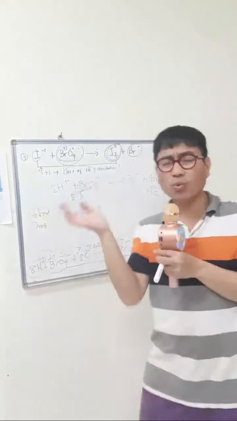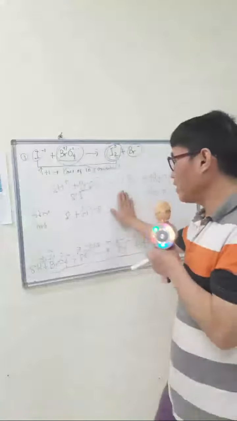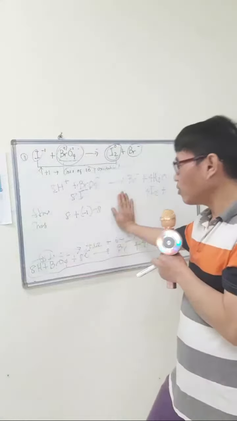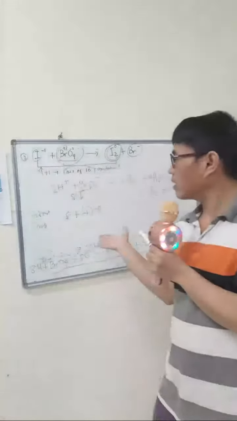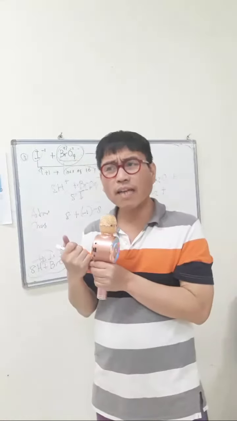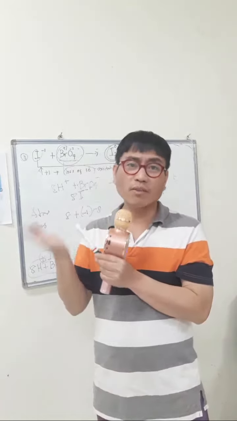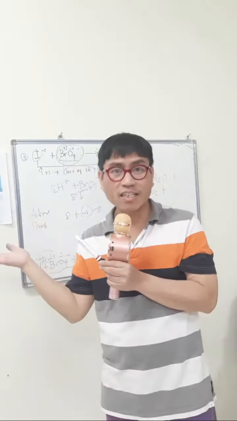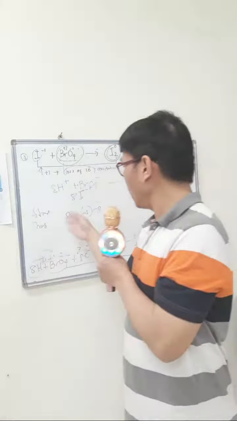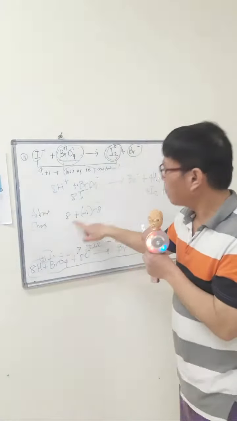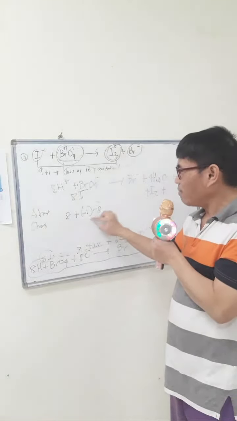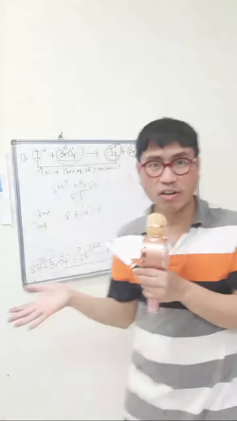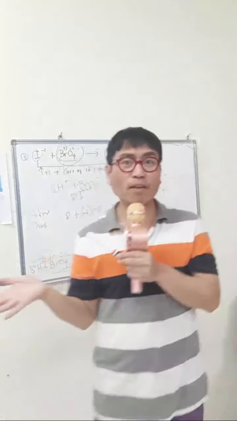So in PEMDAS, which comes first? The parentheses. So you need to add first, not subtract, because in PEMDAS the addition comes first and subtraction is last. So you will go to the left first. So 8 minus 1, not negative 1 minus 8, or you will be wrong, because it doesn't follow the PEMDAS rule in algebra.